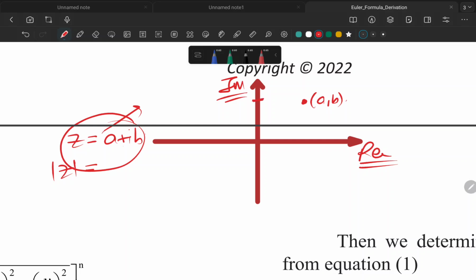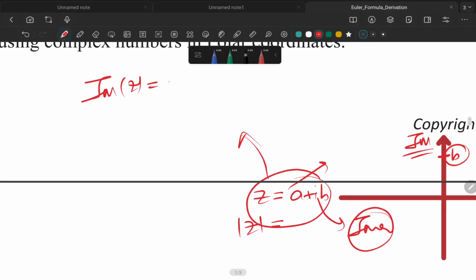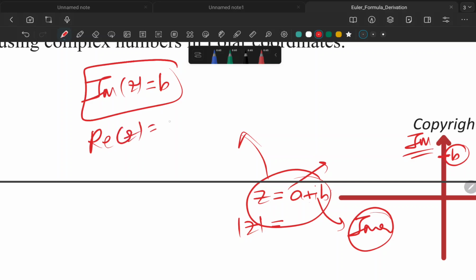For your understanding, let b be here and a be here. a is real and b is also real, but because of i, it is the imaginary part. If I ask you about the imaginary part of z, what would you say? You don't have to say ib. I'm asking you the imaginary part, so i wouldn't come over here. It's just b, and the real part of z is a, right?